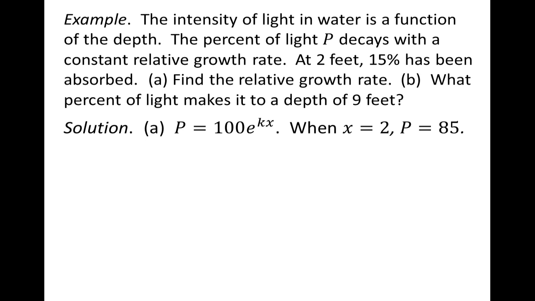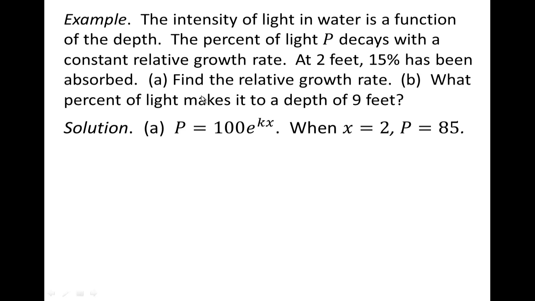We know the general form for an exponential function is p equals the initial amount times e to the kx, k being our constant relative growth rate. Our initial amount is 100 here because we have 100% of the light at the surface of the water, where x represents our depth.